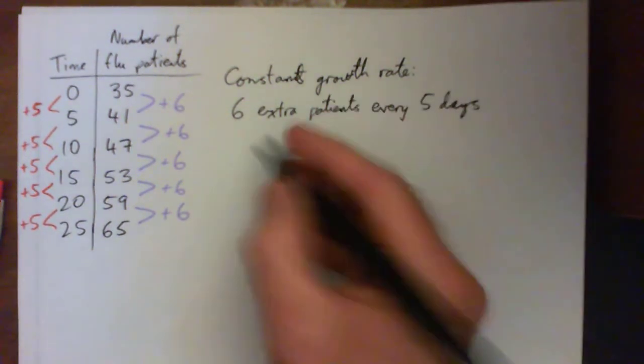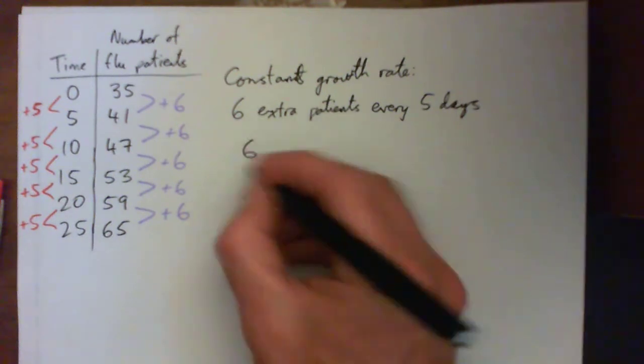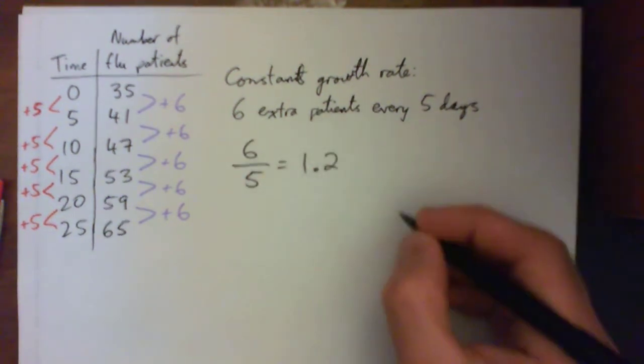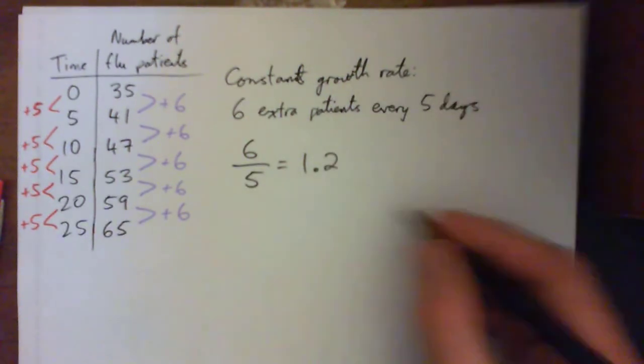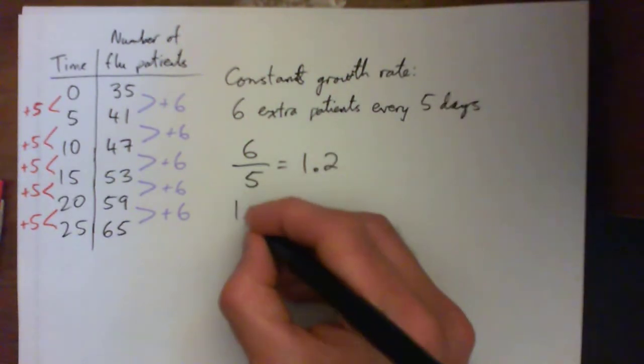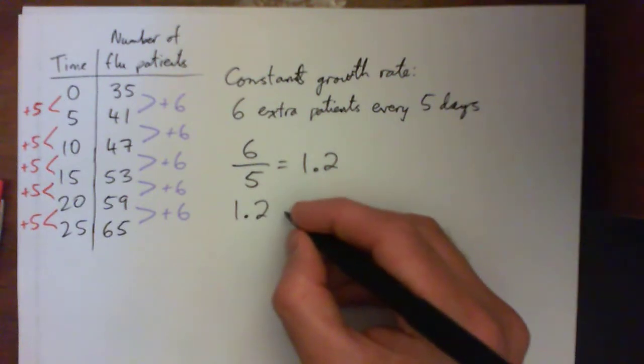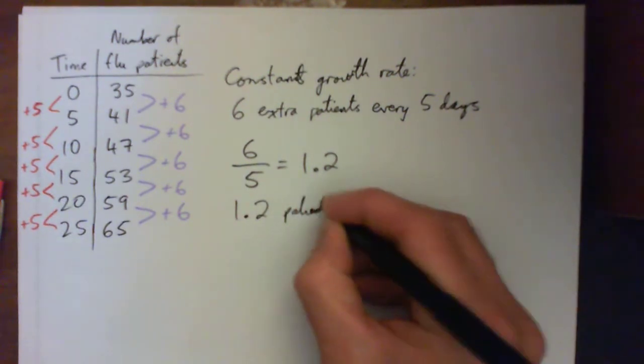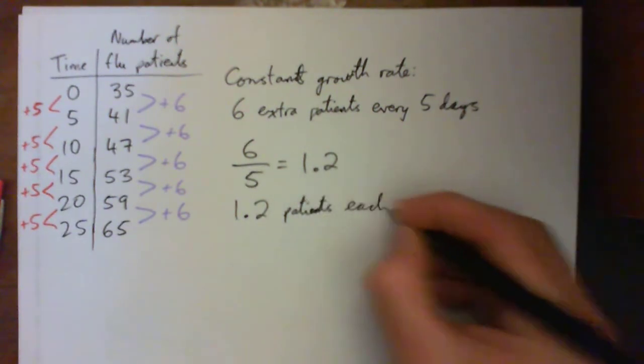And we can do this. We can take our 6, divide by 5, and that gives us 1.2. So our growth rate is 1.2 patients each day. Does that make sense?